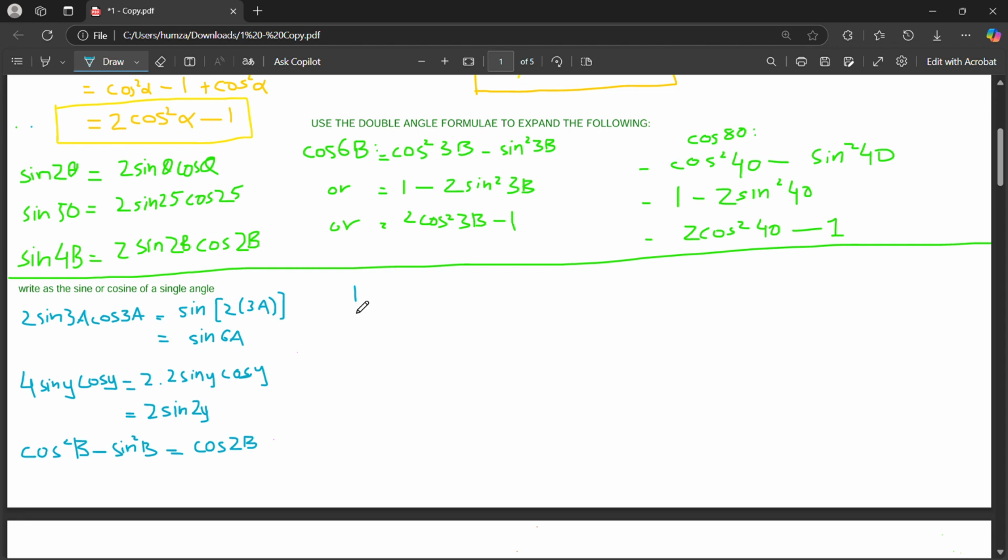Now let's look at another example, that is 1 minus 2 sin squared alpha.